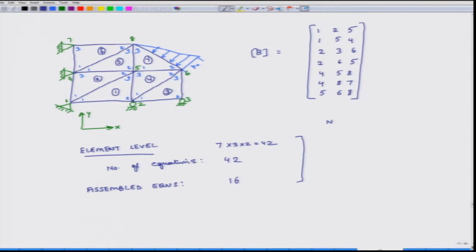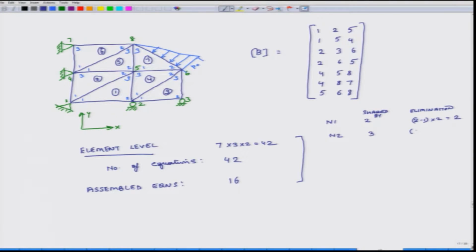For instance, global node 1 is shared by 2 elements. So, how many equations get eliminated because of that? 2 minus 1 times 2 is equal to 2. Node 2 is shared by how many elements? 3 elements.